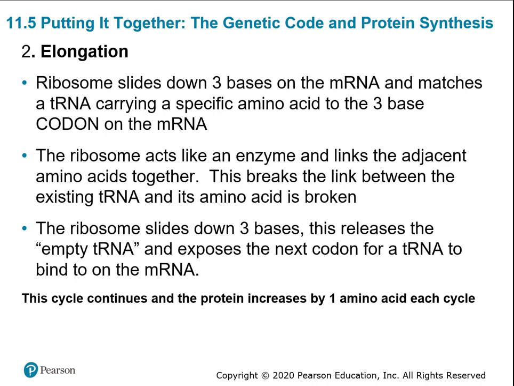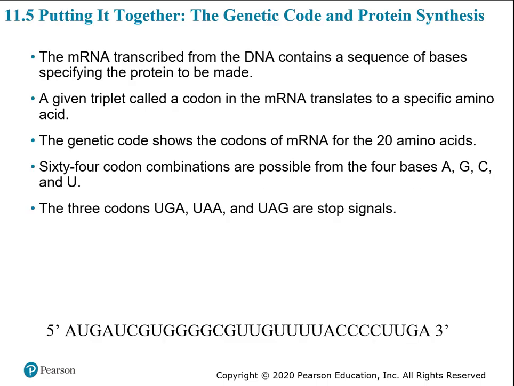So let's look at those here. This is that sequence I just copied down a few minutes ago. This is the exact same one that I went through and we wrote. So let's put it together. Here's our mRNA. We're going to start at that 5' side because that tells the ribosome to start on this end.